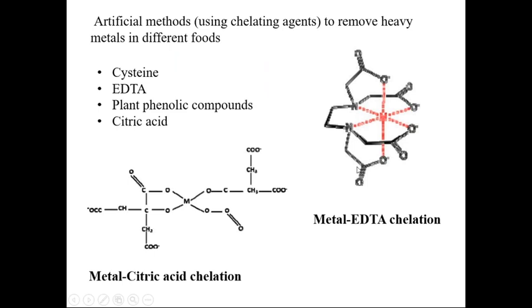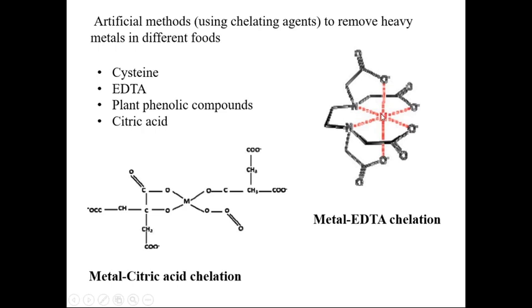So artificial methods to remove heavy metal toxicity or heavy metal poisoning is done by chelation. So the chelators that are generally used to remove heavy metals are cysteine. If you recollect the structure, it has a CH2SH as the side chain. Then you have EDTA, ethylenediaminetetraacetic acid.